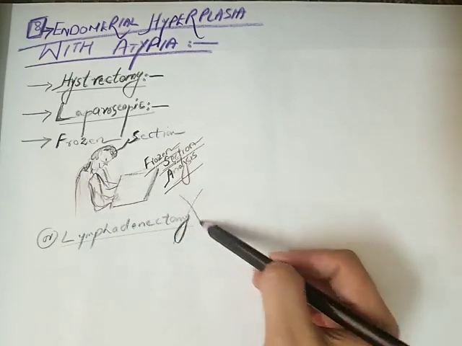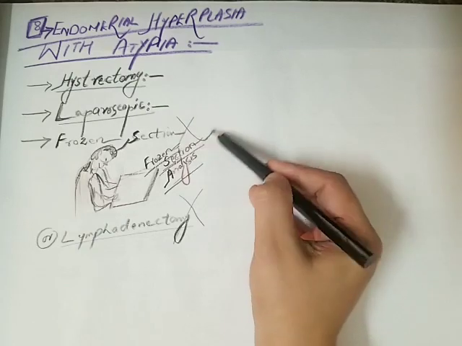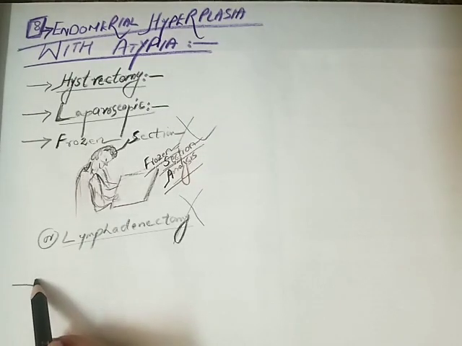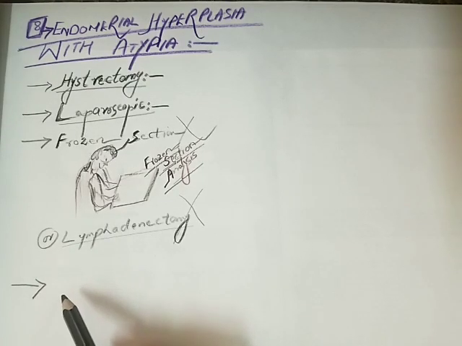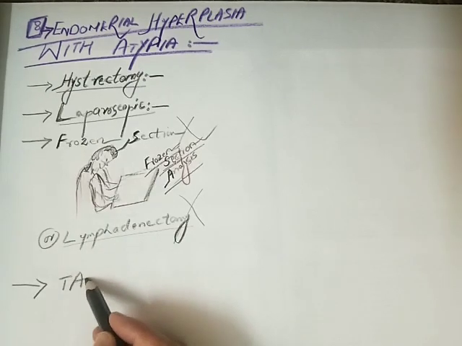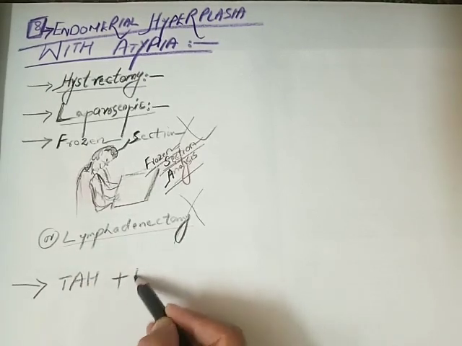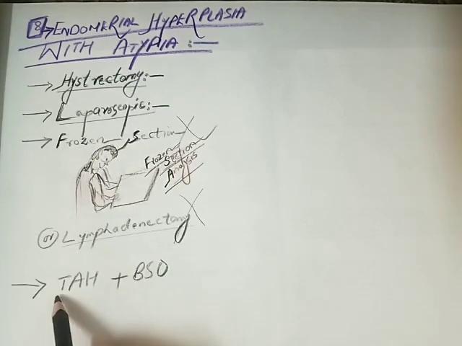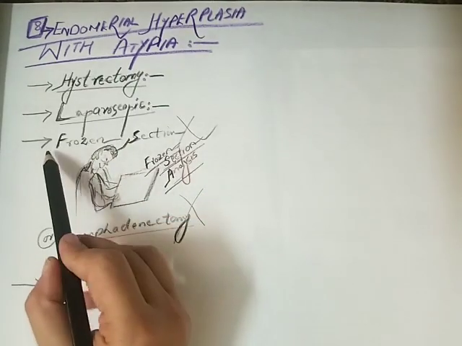Neither is there a role for lymphadenectomy while performing the procedure. And postmenopausal women with atypia should be offered BSO as well. TAH plus BSO should be offered in these women.